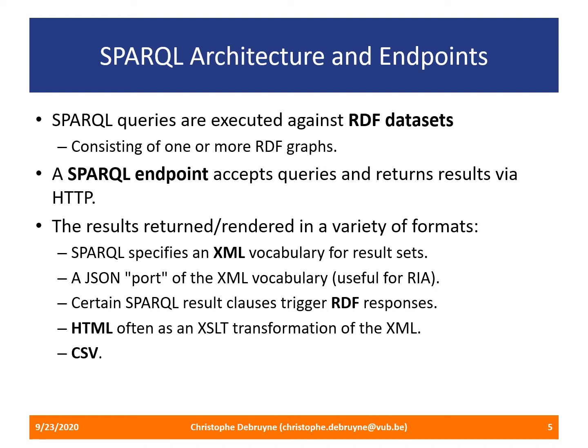So depending on the query, you might get RDF as a result rather than a result set. Sometimes SPARQL endpoints provide an HTML representation of the results, which is often an XSLT transformation of the XML, and some others support CSV as a result set format.